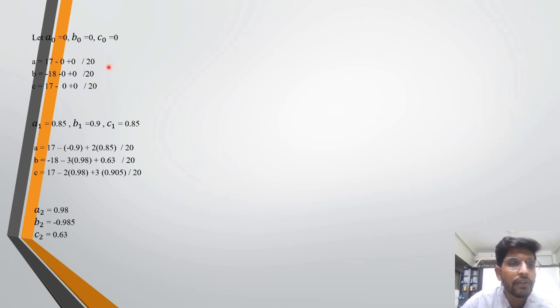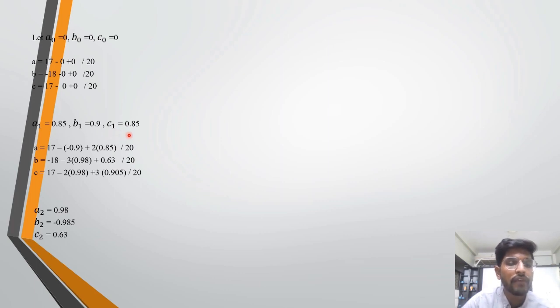In the first one, we substitute b = 0 and c = 0 and calculate a. Similarly, for calculating b, we substitute a = 0 and c = 0. And similarly, we calculate c by substituting a = 0 and b = 0. Now, after substituting them, we get the values as A1 equal to 0.85, B1 equal to 0.9, and C1 equal to 0.85.